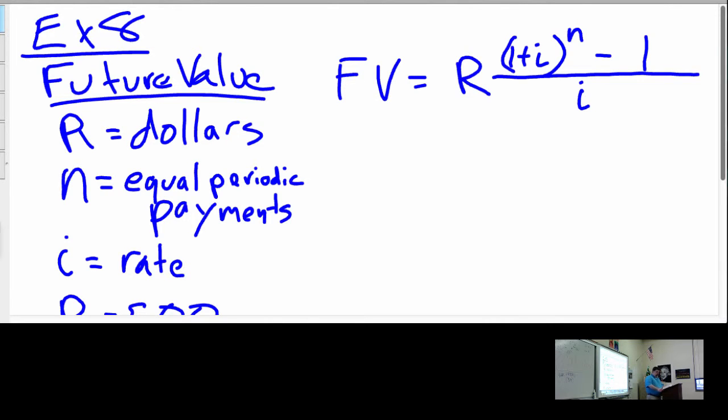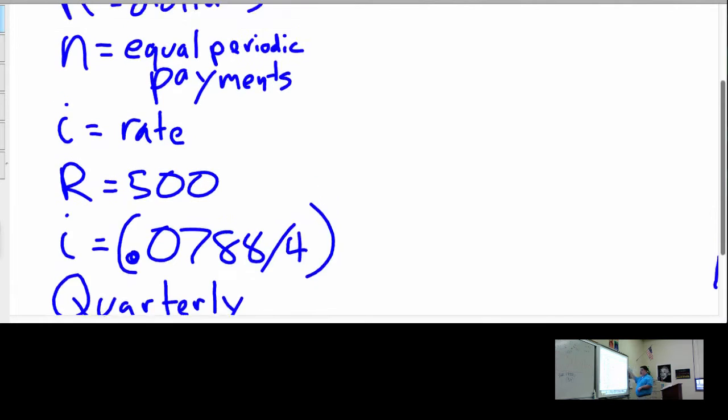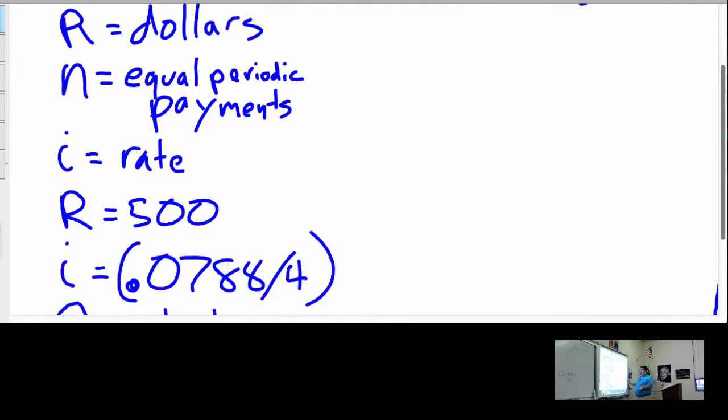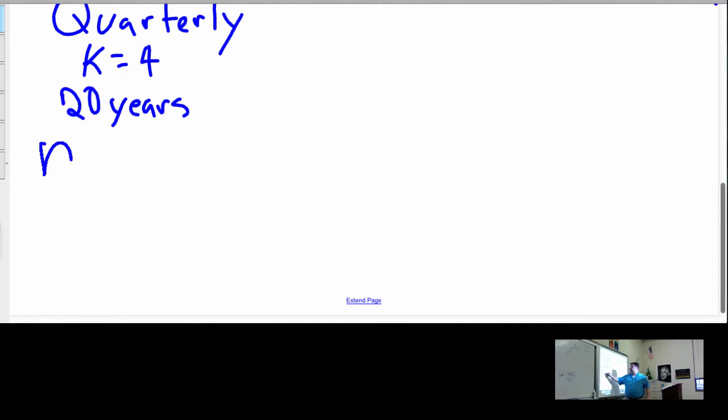So the interest rate is really this divided by 4. And then n, which was the number of payments, n is really 20 times 4, because you're going to make payments 4 times a year for 20 years. So n is really 80.